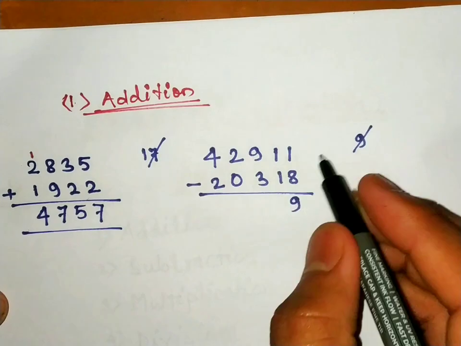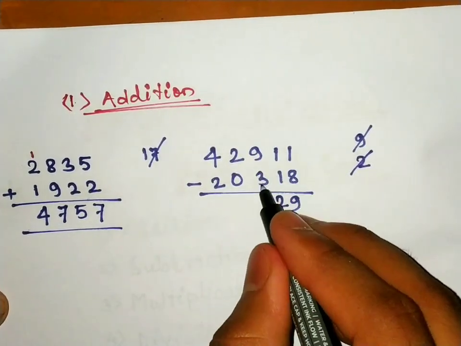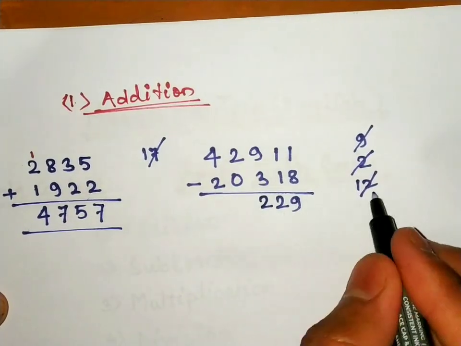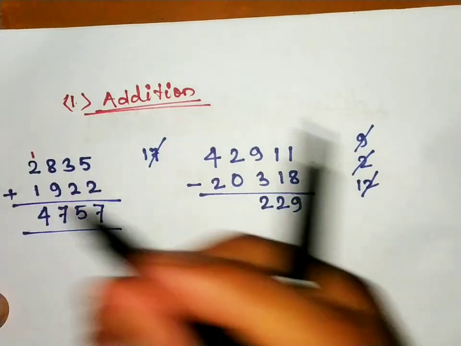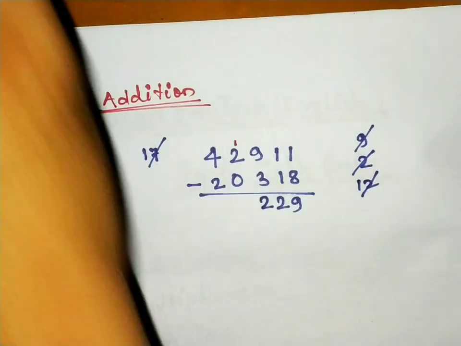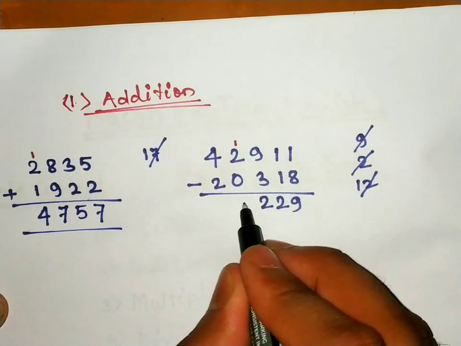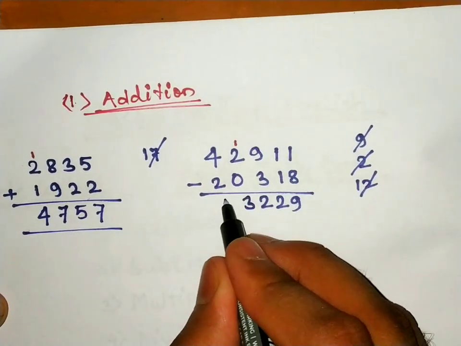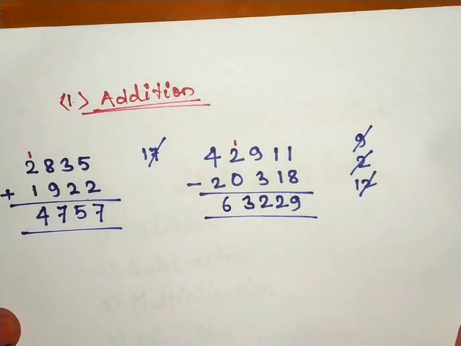Again 1 plus 1 is 2, put 2 here, no carry. 9 plus 3 is 12, 12 here is 2, and left here is 1 carry, put the carry here smaller. 1 plus 2 is 3, 3 plus 0 is 3, there is no carry. 4 plus 2 is 6, still no carry left. Okay, simply you add it.